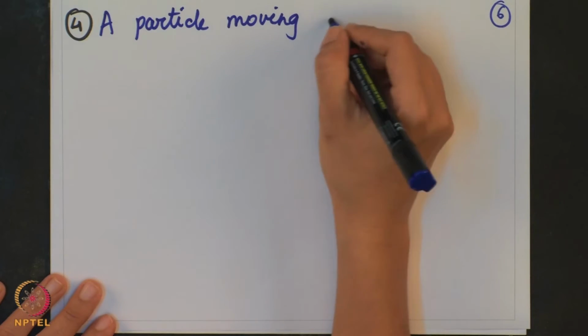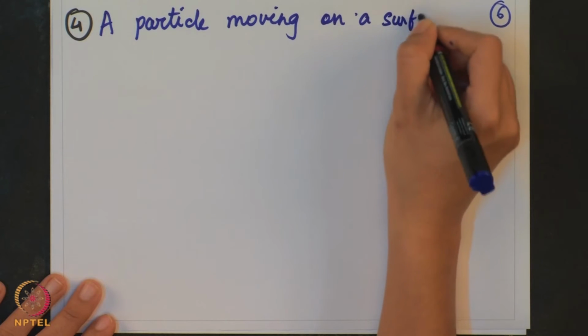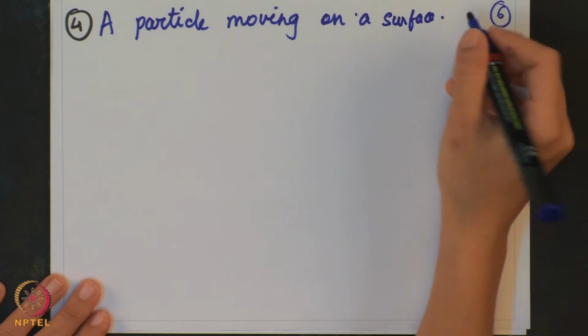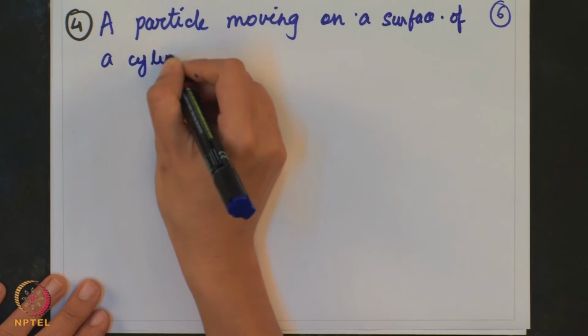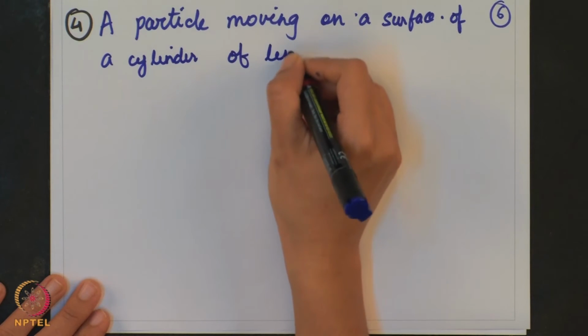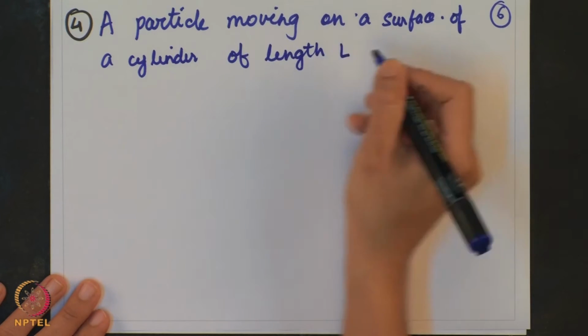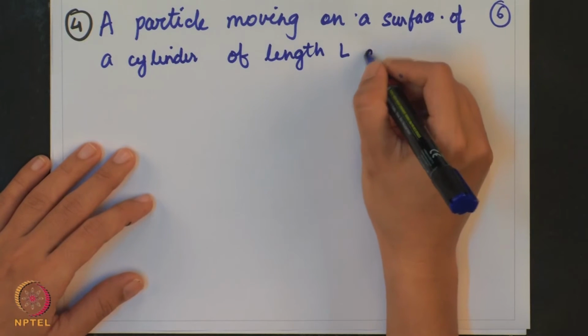You can use Cartesian coordinates also for a particle moving on the surface of a cylinder of length L and radius r.